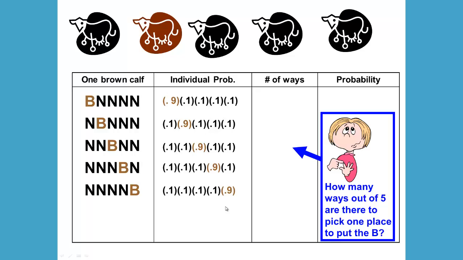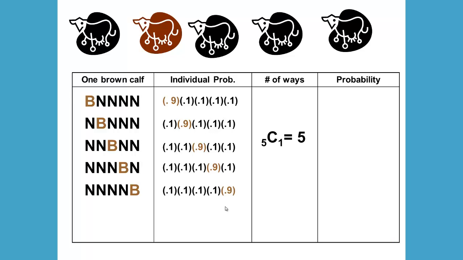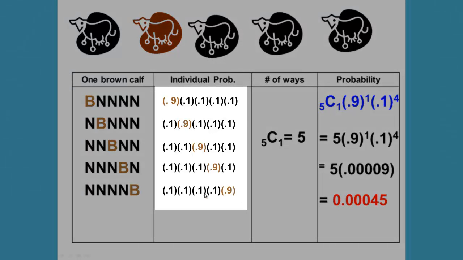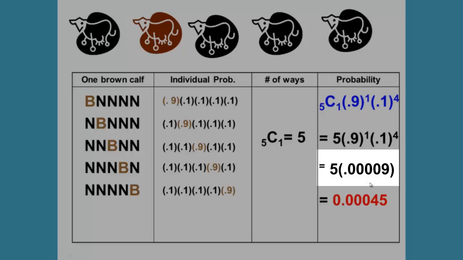How many ways do we have? Well, we can count and see 5, but think about it this way. How many ways out of the 5 places are there to pick one place to put the B? And the order in which we pick the B's is not important. That would be 5 combination 1, or 5C1. That gives us 5. And again, if I added up those numbers, that would be 5 sets of 0.00009, which gives us 0.00045.